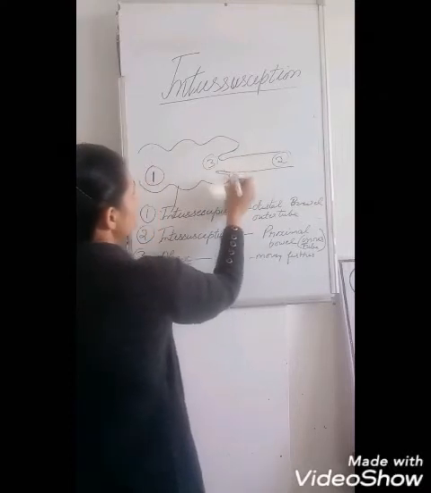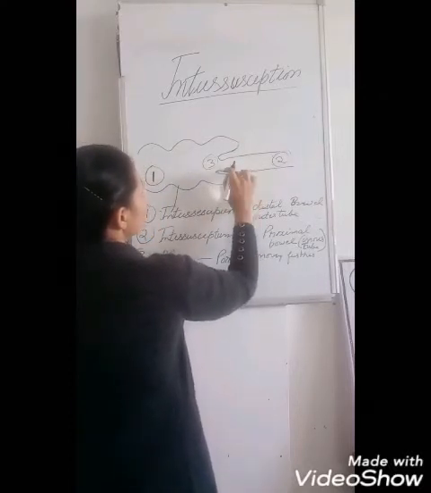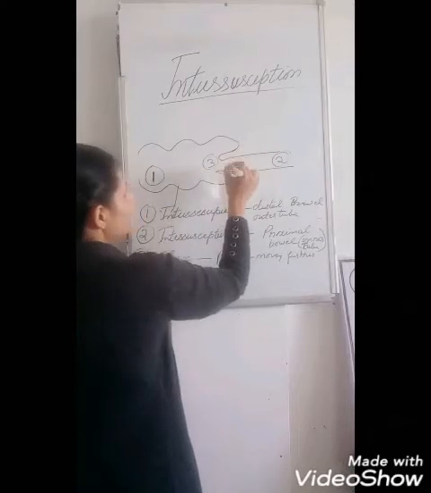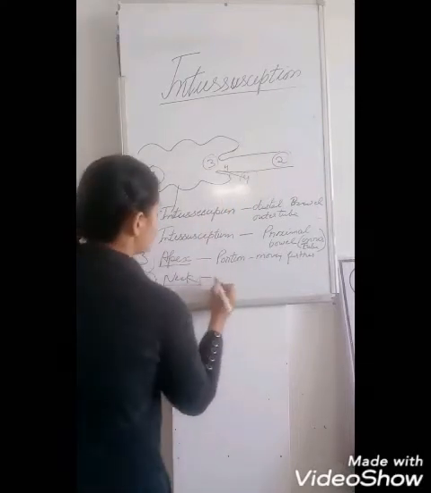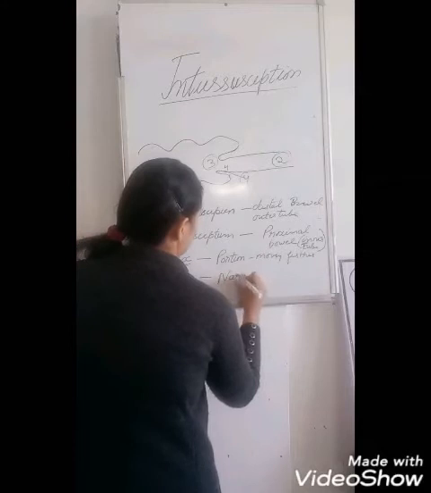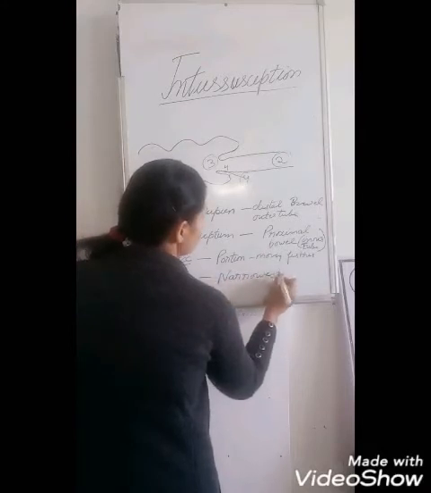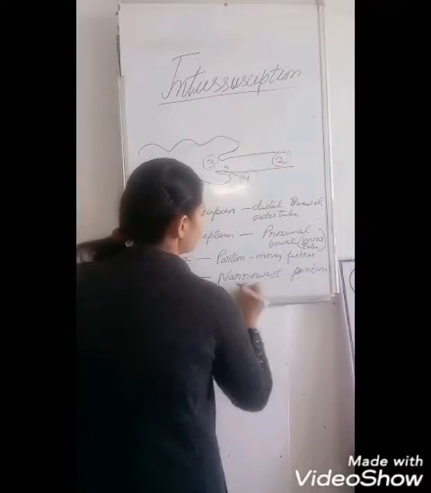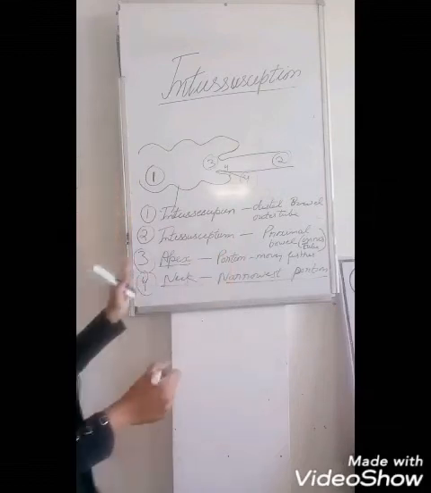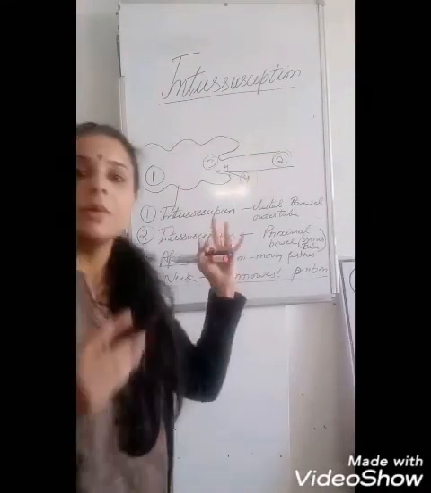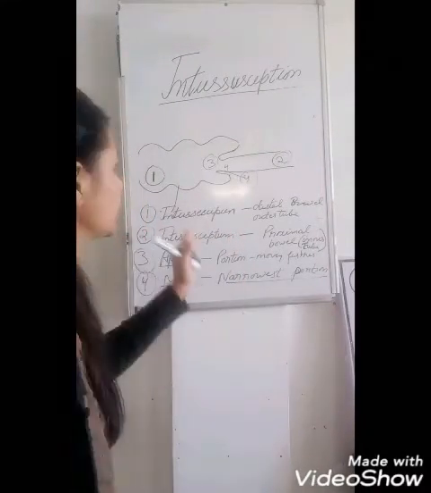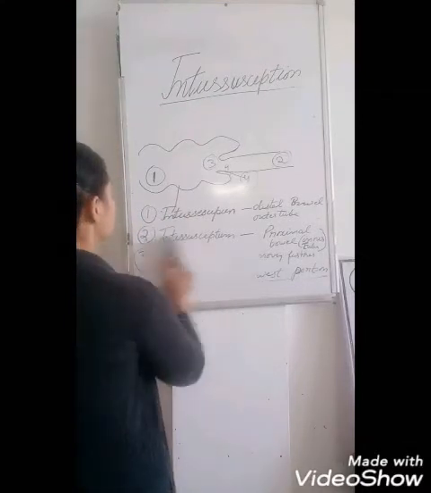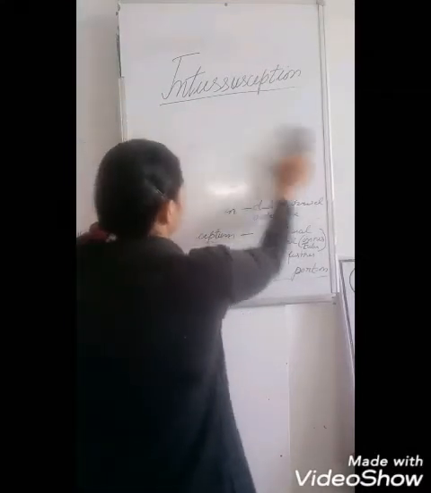This is the neck area, which is the narrowest portion of the intussusception. So these are the parts of intussusception. In exam you have to mention the parts with the diagram.